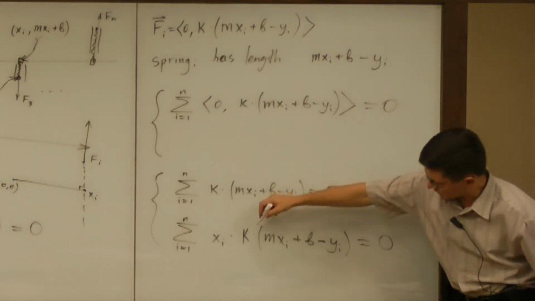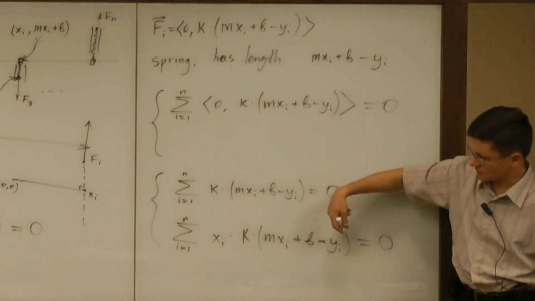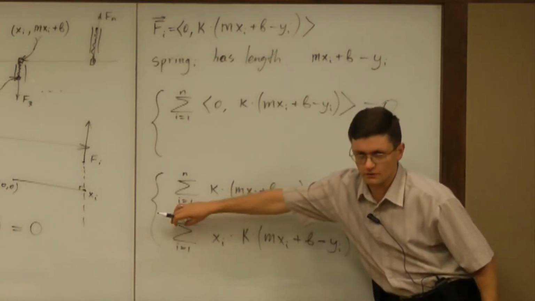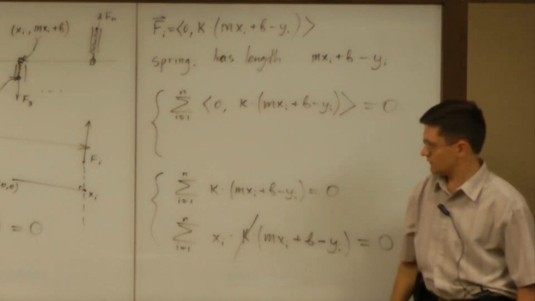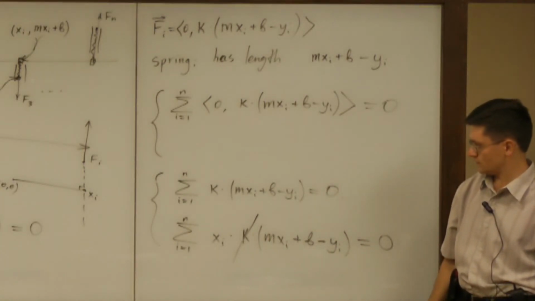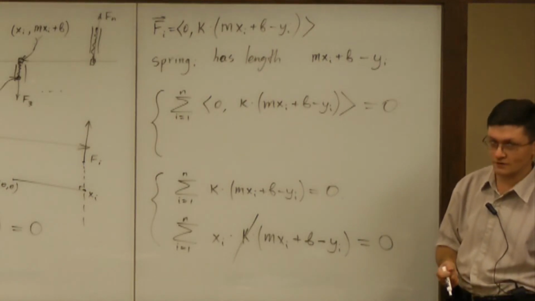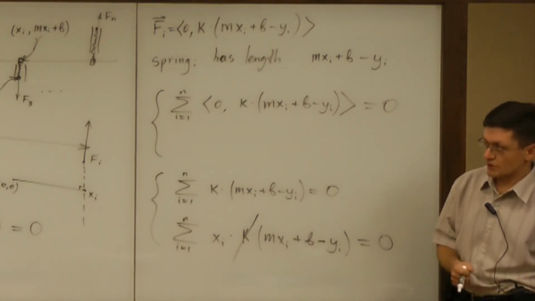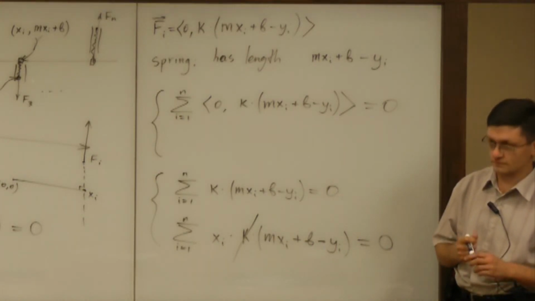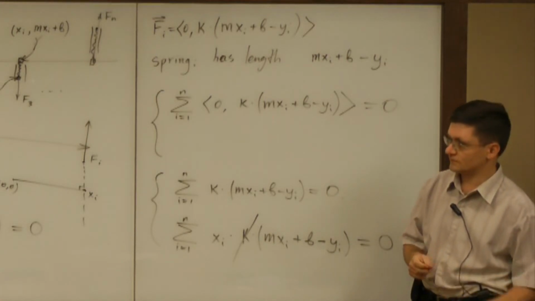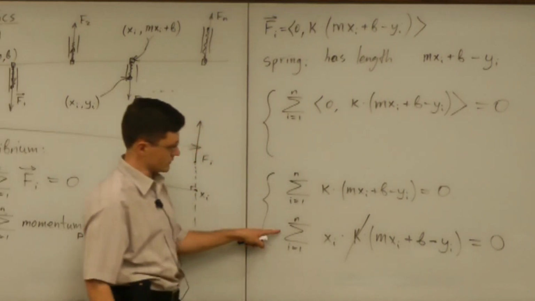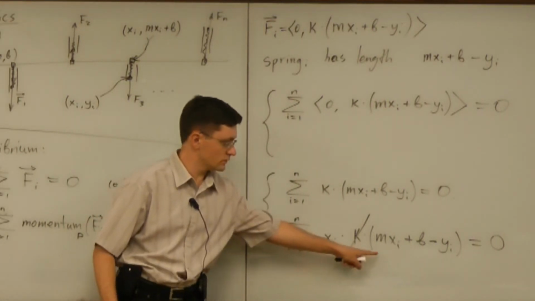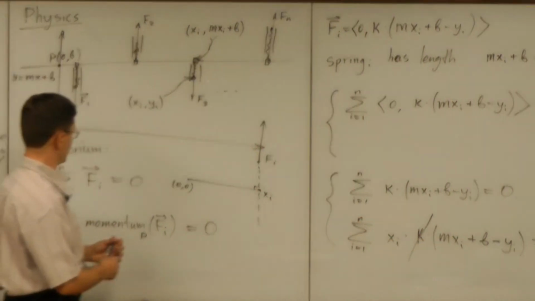And again, I use the same constant k in every summand that can be factored and cancelled because we have equation equals 0. So after you cancel, don't you recognize something? It's exactly the second equation. So geometrically, this equation means that the vector x is perpendicular to the error vector.